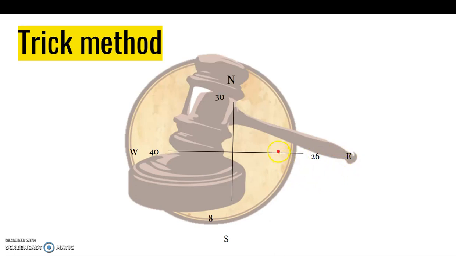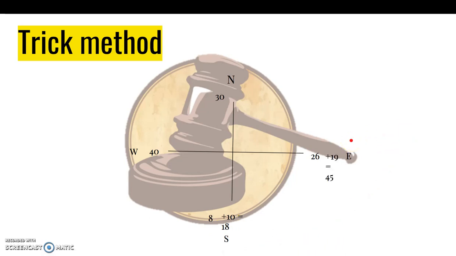Now we turn right, so a right turn from east direction would go to the south direction. Okay, so we write 10 meter in the south column, which makes the total 18. Also, if we move to the left of south direction, we would come back to east.